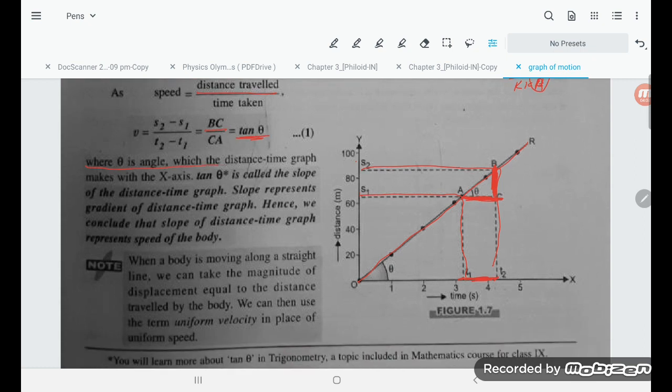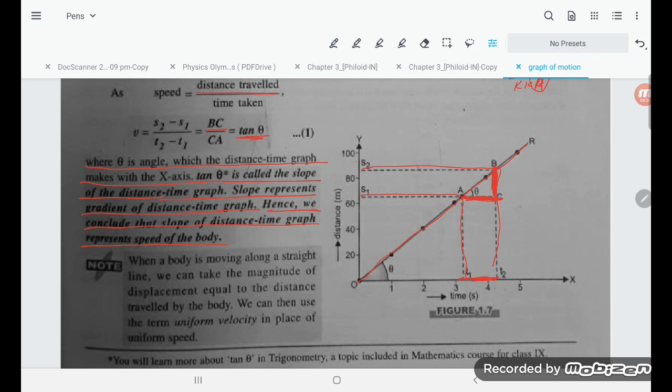Where theta is the angle which the distance-time graph makes with the x-axis. Tan theta is called the slope of the distance-time graph. Slope represents the gradient of the distance-time graph. Hence we conclude that the slope of the distance-time graph represents the speed of the body.